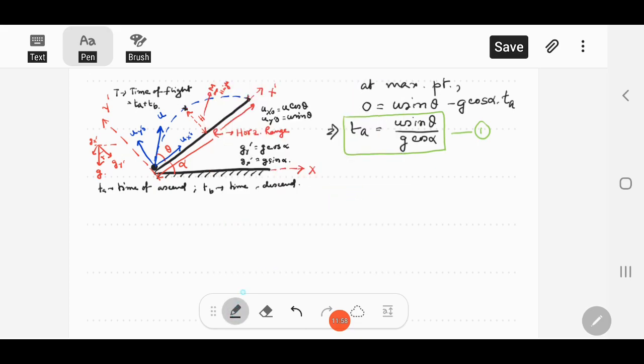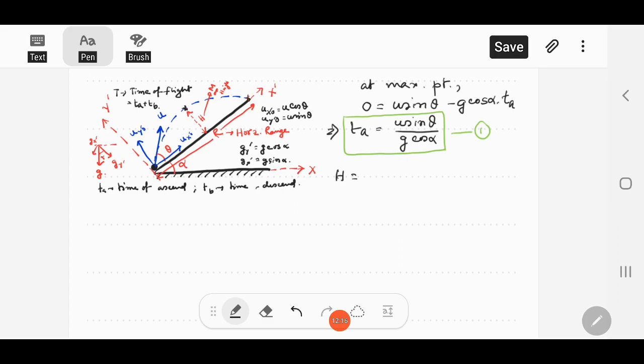So what will be our maximum height? If we apply the equation of kinematics, h is equal to ut plus or minus half g t square. Here we get the vertical displacement at the maximum point, which is h, our maximum height.